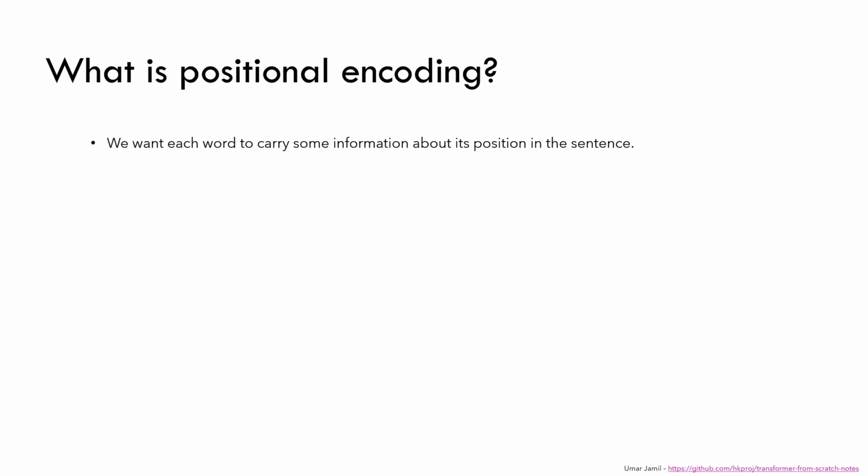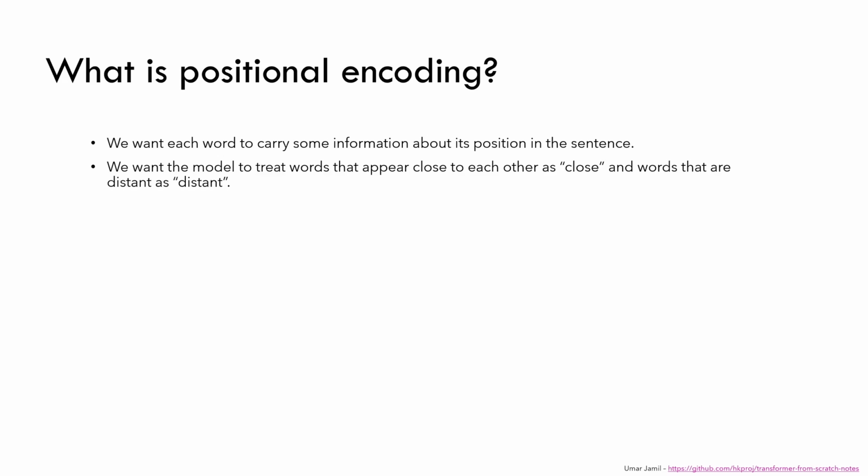And this is the job of the positional encoding. So we want the model to treat words that appear close to each other as close and words that are distant as distant. So we want the model to see the spatial information that we see with our eyes.